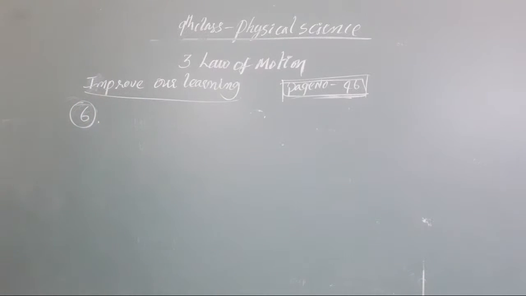Now there is a hammer of mass 400 grams moving at 30 meters per second that strikes a nail. The nail stops the hammer in a very short time of 0.01 second. What is the force of the nail on the hammer?